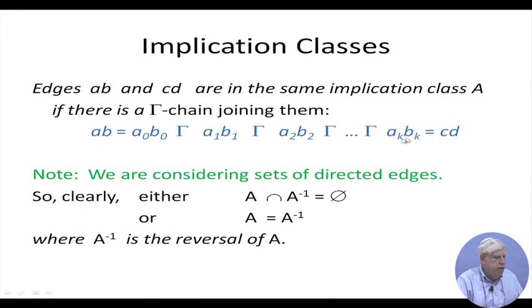Look at the blue line. If AB, say that's A0, B0, forces A1, B1, that forces, in turn, A2, B2, and so forth, up to AK, BK. That means that, which we'll call CD, that means that AB eventually forces CD.